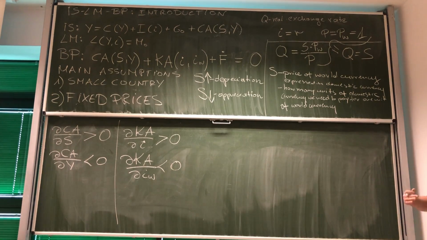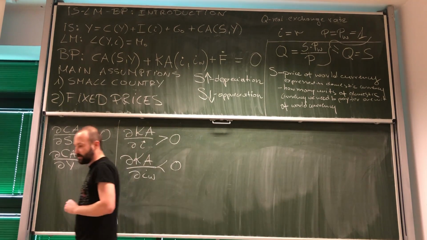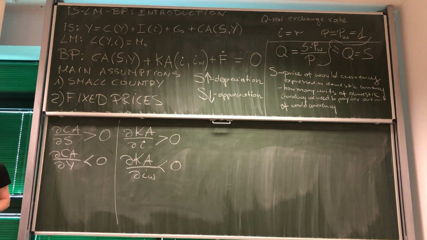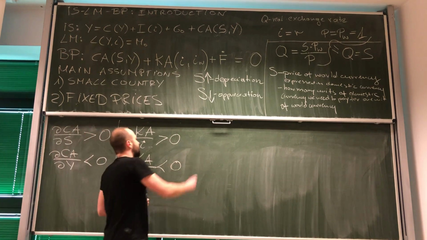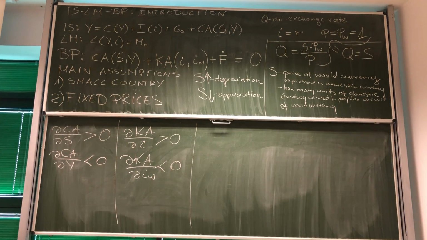So there would be capital outflow of the economy. We would be holding more and more of their assets. And of course, this would also translate to higher demand for their currency. Okay, so now we know everything we need to know about capital account.